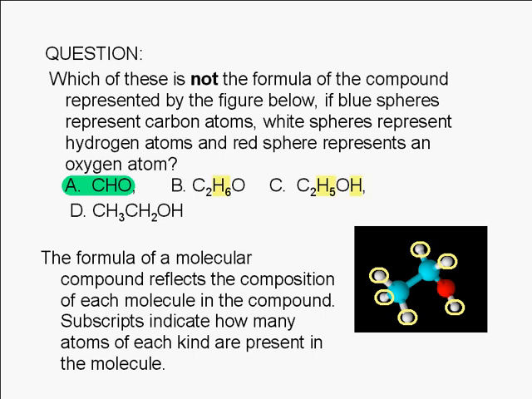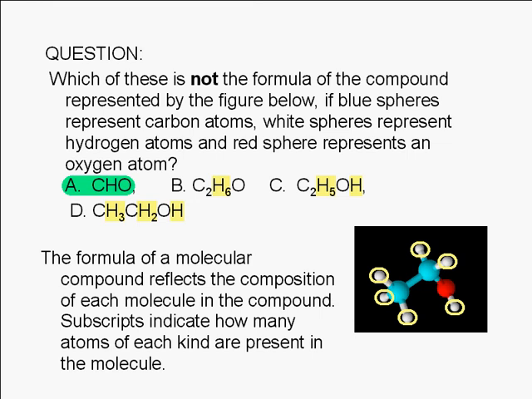In choice C, hydrogen is written twice and the total subscript is also 6. 5 plus 1 equals 6. In choice D, hydrogen is written 3 times with subscripts of 3, 2, and 1. 3 plus 2 plus 1 equals 6.